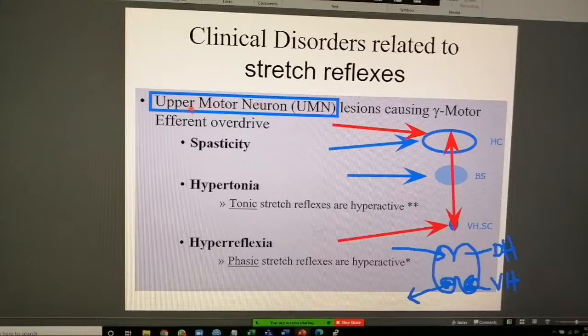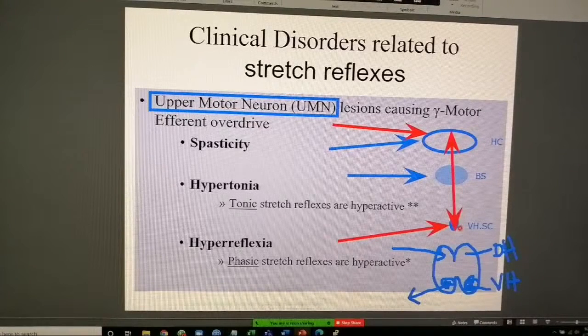If it's upper there must be a lower, right? So what is the lower motor neuron? Very simply, it is the alpha motor neuron and the muscle, whatever is there. Basically the somatic nerve that comes out of the ventral horn and goes to the effector organ, whether it's a gland or a muscle.